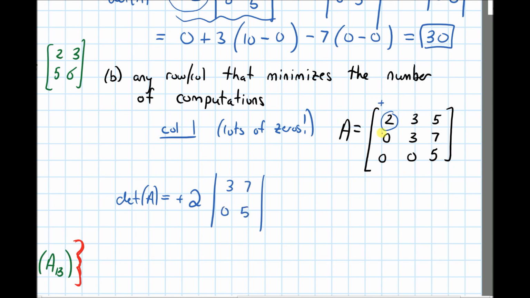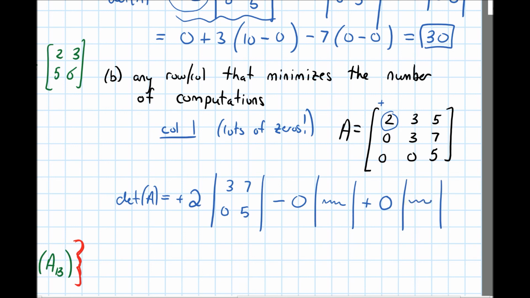Then I go to the next entry in that column, which is 0. And I switch the sign, so I put a minus in front. It's going to be 0 times whatever its determinant is, but that doesn't matter, because when I multiply by 0, it's going to be 0. Then I go to the next entry of that column, which is 0 again. I switch the sign, so minus to a plus, times its corresponding determinant.